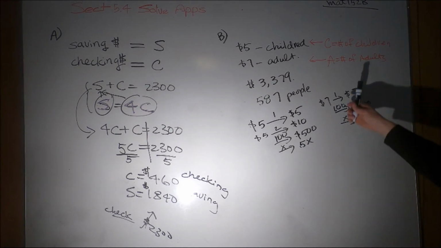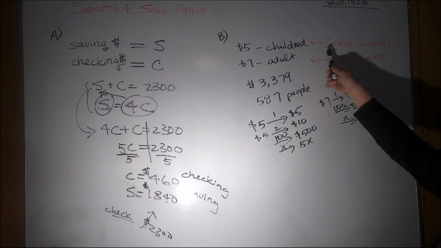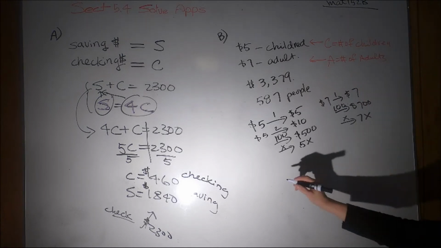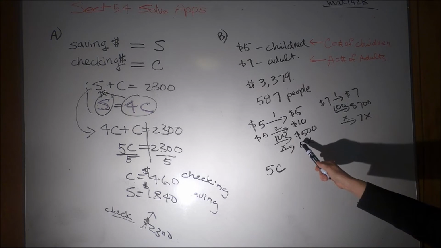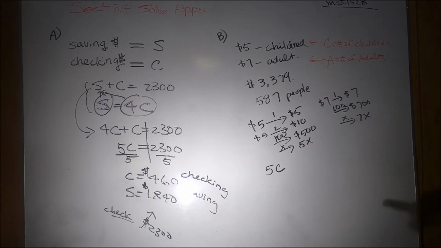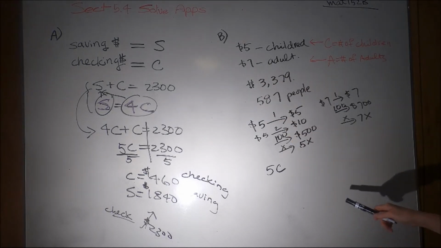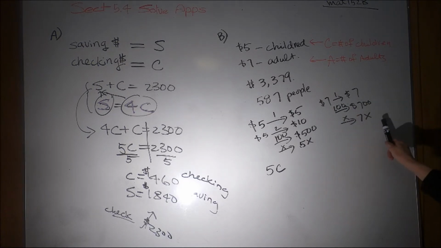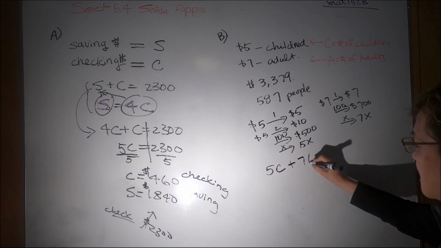Now take a look. We say the number of children is C. Each one is $5. C of them, you will do what? 5C. 5 times C, 5 times X, right? And the number of adults is A. So 7 of them, you should do what? 7 times 1, 7 times 100, 7 times X. So now you have A, so you do plus 7A.